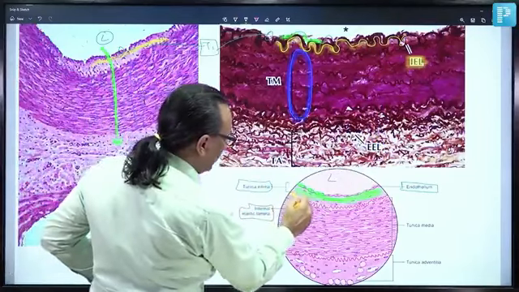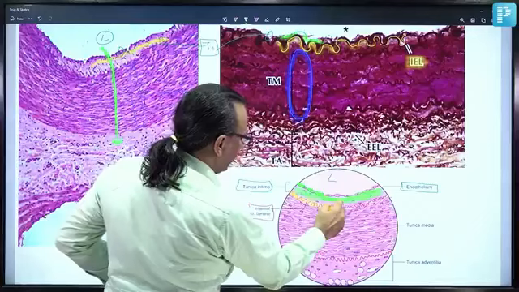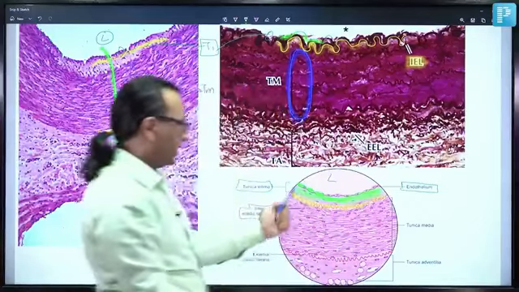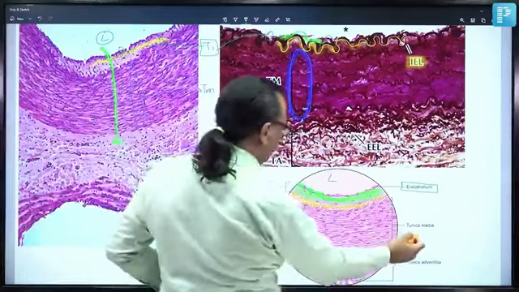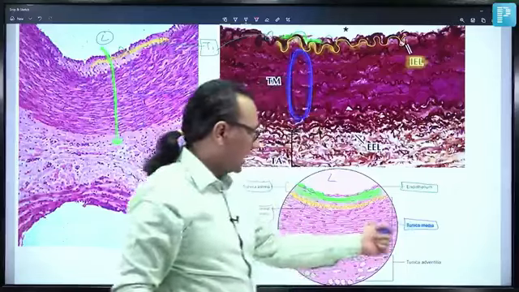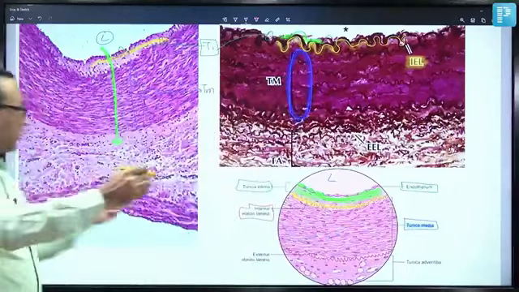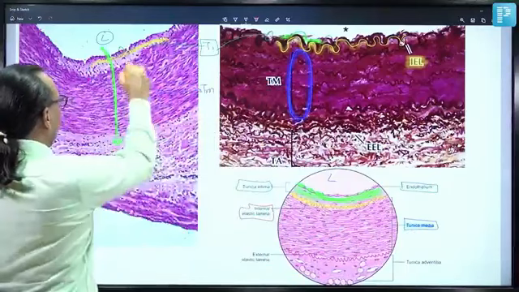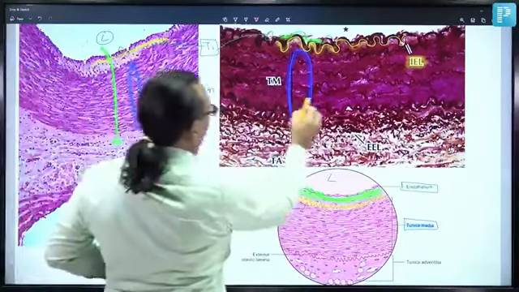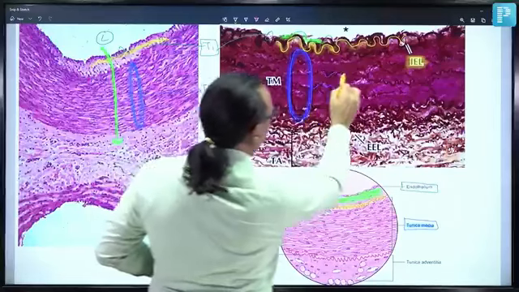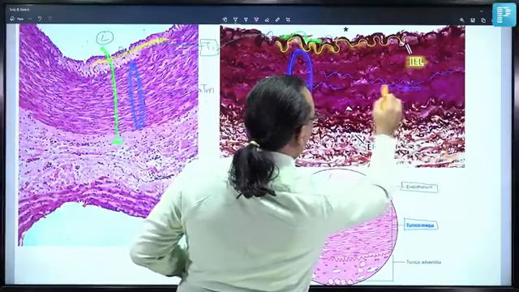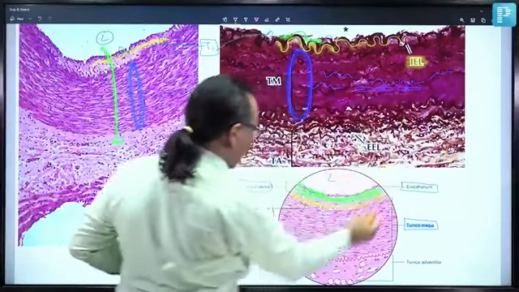Now, once you have described the elastic fibers, the internal elastic lamina boundary line between tunica intima and tunica media, what do you find in the tunica media of a muscular artery like the splenic artery? The tunica media has more smooth muscle cells. Though you will notice that there are some elastic fibers also present, but more smooth muscle cells, like shown here.